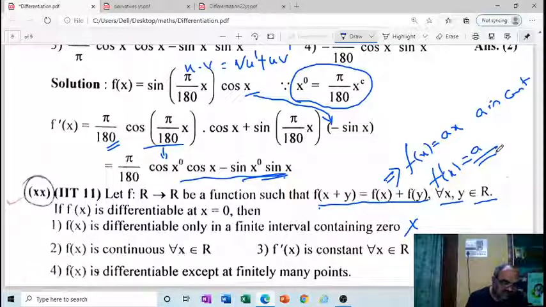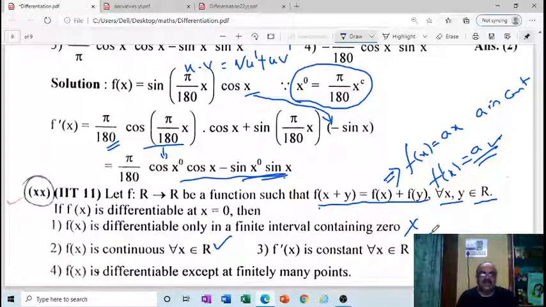F of x is continuous for all values of x. Okay. So I would like to go with this. Second one is true. Now third one, f dash of x is constant for all values of x belonging to R. So third is also correct.